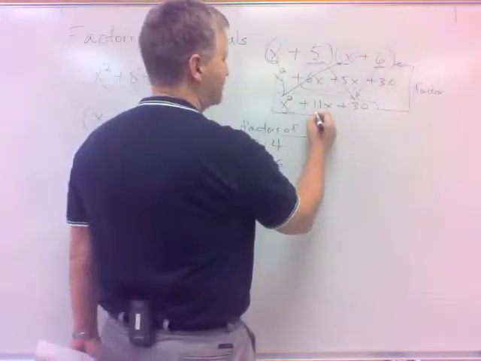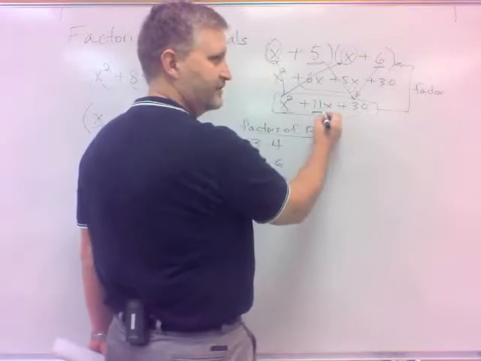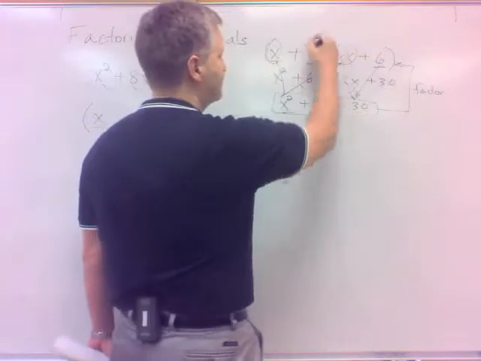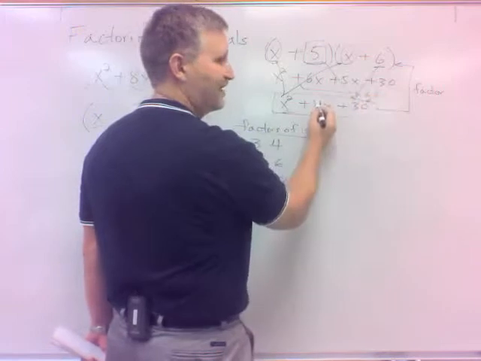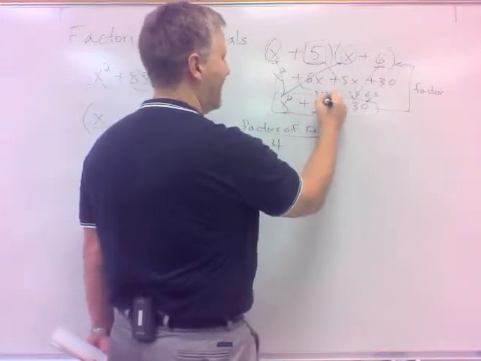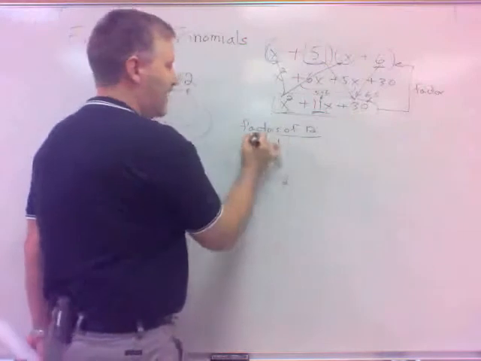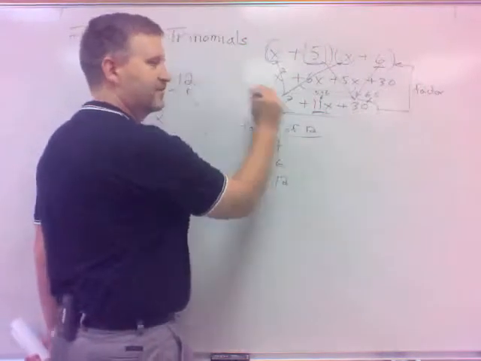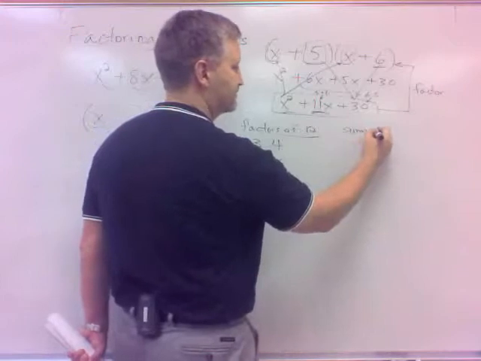Now, what you'll notice here is this middle term is linked into it too, isn't it? Because if you'll notice, 6 times 5 gives me 30, but what about 11? That's 5 plus 6. If I add those two together, I get that middle term's coefficient, don't I? So here's what I'm going to do. I'm going to look at factors of this, but then I'm also going to think sums of the factors.